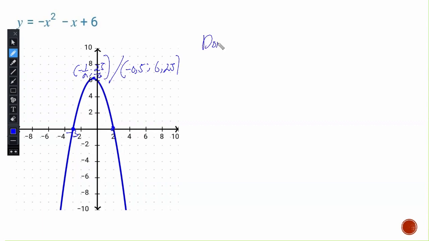And then again, domain and range. With the domain, it's x is an element of the real numbers. But right now, check, our a value is less than 0, meaning that we have a concave down shape, as we see. Now, this affects our range. That means the graph starts to exist from here all the way down, right? So above this point, we don't see the parabola.